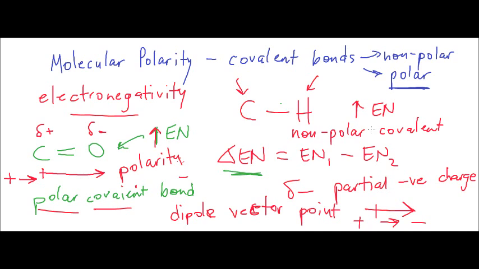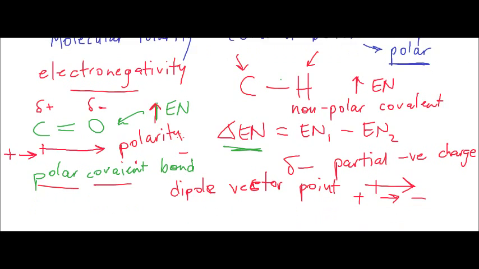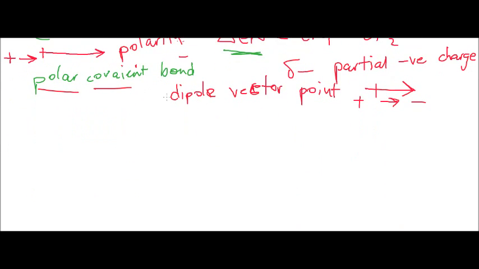So other examples of typical polar covalent compounds: pretty much anytime we see carbon and oxygen, look for things like nitrogen and hydrogen, look for things like oxygen and hydrogen. If you see these three bonds, of course there are many more.